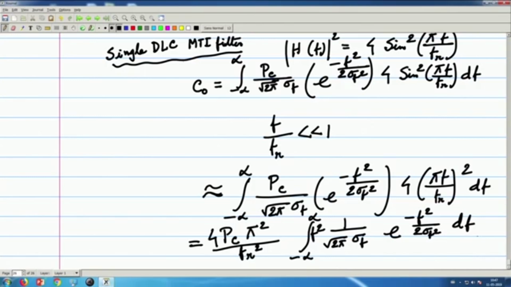So, can you see what this is? Can I say that this part is nothing but the second moment of the Gaussian PDF?